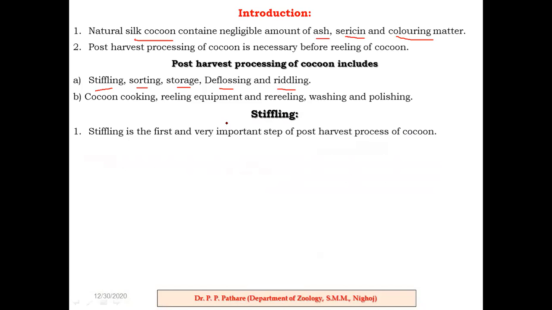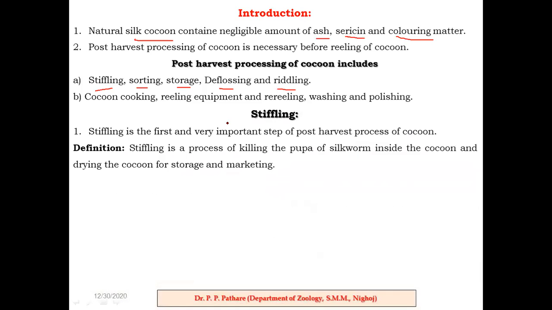Stifling is the first and a very important step of post-harvesting of cocoon. You know, if you want to get a better price for your cocoon, this is a very important first step, because after studying stifling you will easily understand it is very important.